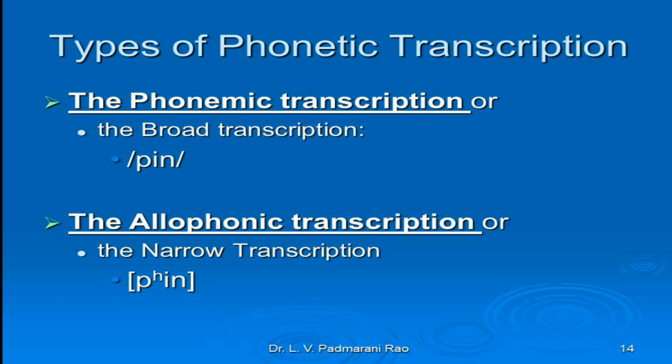Because it is occurring in the initial position, allophonically speaking, you have to aspirate it, and the aspirated p is written there. So allophones are employed in representing the word PIN, and hence they are kept in the square brackets and the allophone part of it is written. So one is the phonemic transcription using phonemes, the other is the allophonic transcription using allophones. Normally we restrict ourselves to the phonemic transcription.